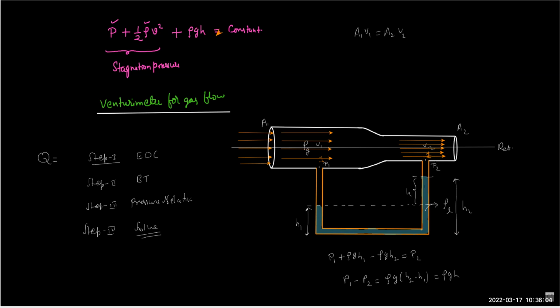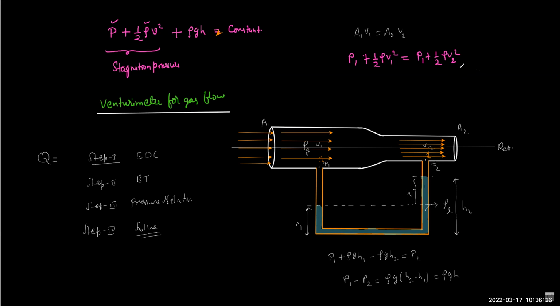So let's write the answer. The pressure is static pressure plus kinetic pressure, and you can also write here static plus kinetic. You have to just remember the Bernoulli theorem, the three terms you have to learn to write.